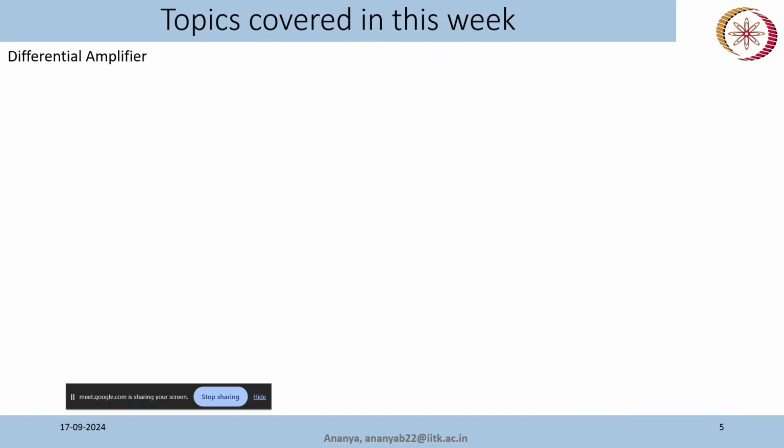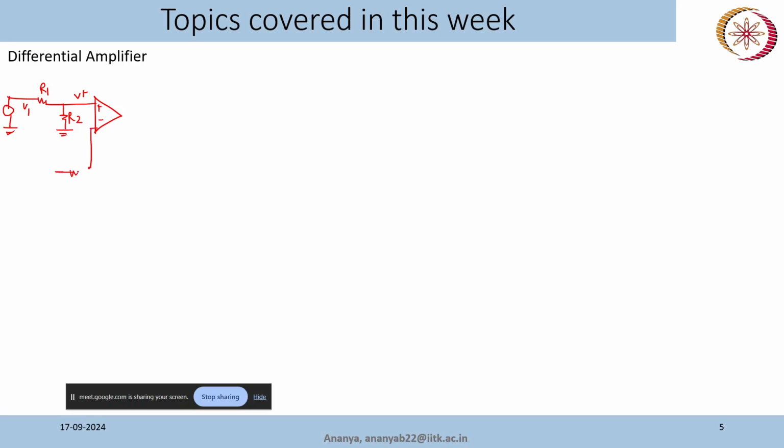Next topic that was discussed, next circuit we can see, differential amplifier. So in a differential amplifier we apply signal to both the non-inverting and inverting terminals. So the configuration is like this. We apply one voltage V1 here, say this is V plus, this one is R1, this is R2, and we apply another signal here.